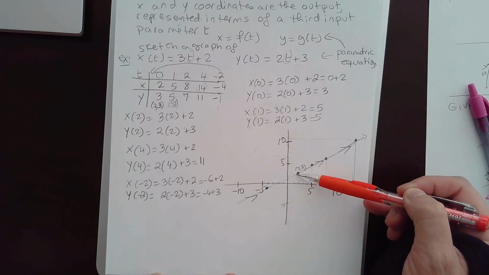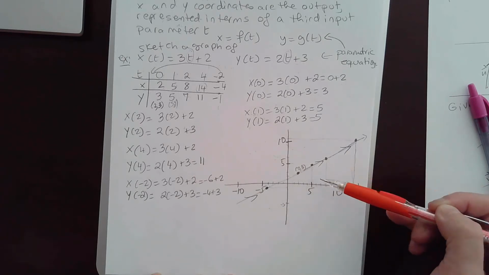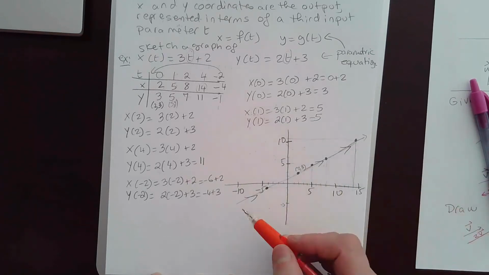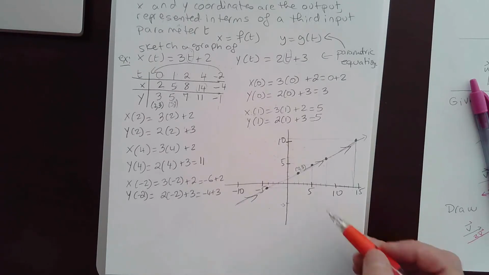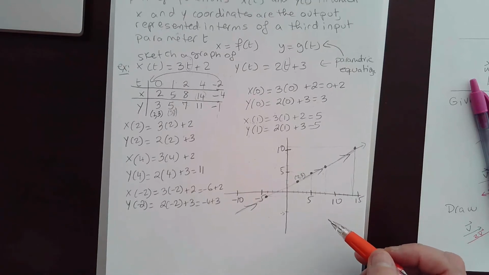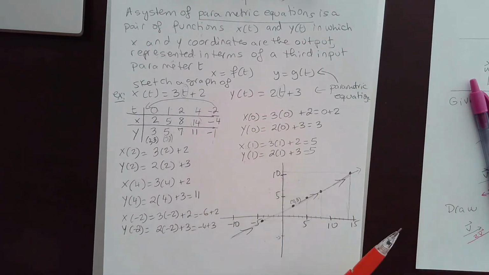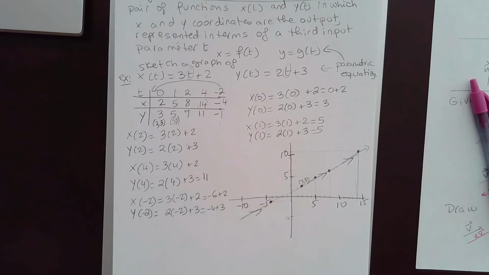That's next. You have 5, 5, 8, 7, 14, 11, and so on. So we sketched the graph of the parametric equations in our example. This is the way you sketch the graph of parametric equations.